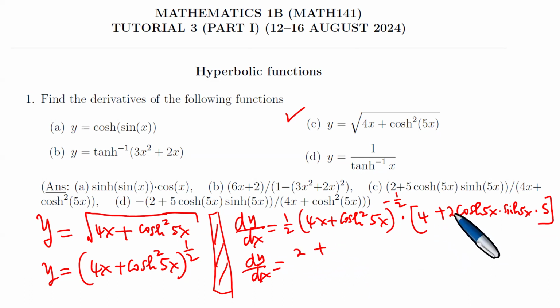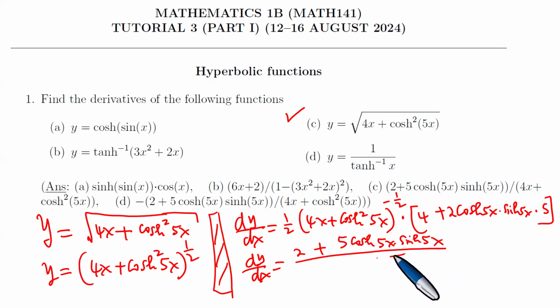This half is going to cancel the 2 here. And there's a 5 that came from the argument. So we have 5 the cosh of 5x, the hyperbolic sine of 5x, all divided by, now we have the following, because this is exactly 4x plus the cosh squared of 5x, like this.